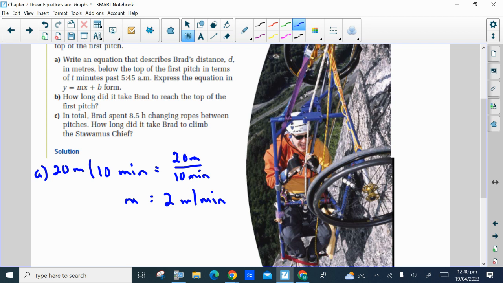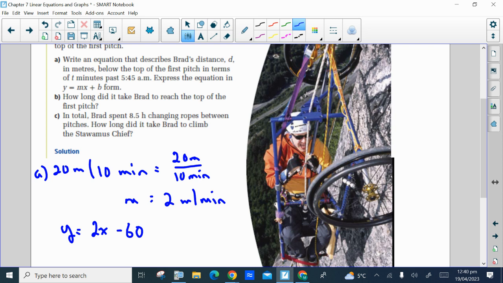Our equation in the form y equals mx plus b will be y equals 2x and there's two ways we can write this equation. This would be one way.